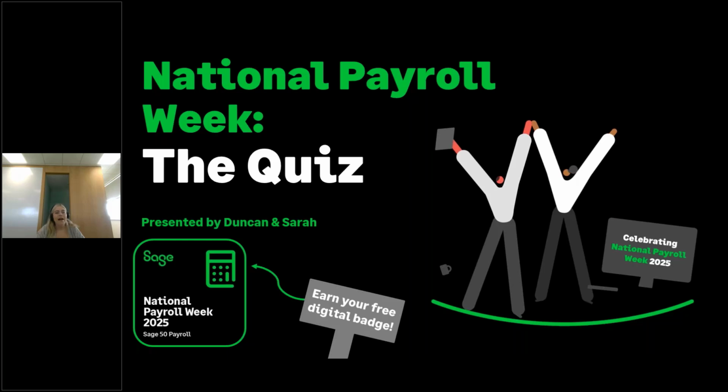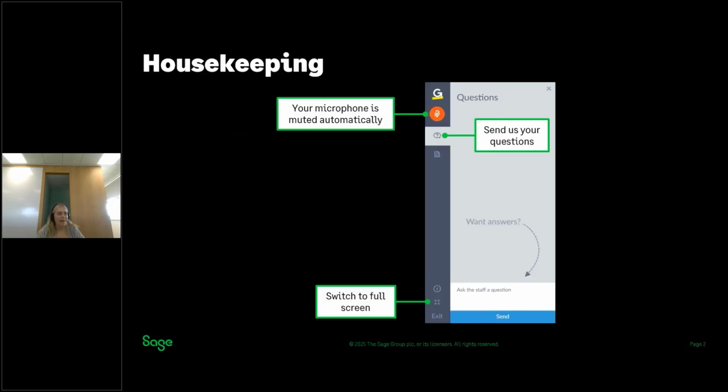So, as usual, your control panel is going to show on the right-hand side of the screen. The first icon is just letting you know your microphone is muted automatically during the session, so don't worry about any background noise coming from your end. Although it's our turn to ask you the questions, we do still have the Q&A panel. If you have any questions, we will do our best to answer them during the session.